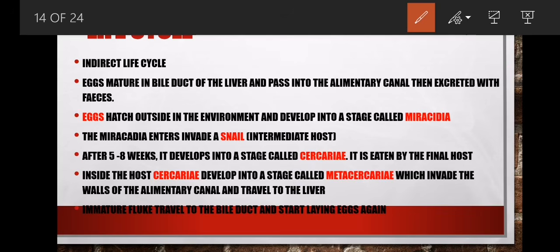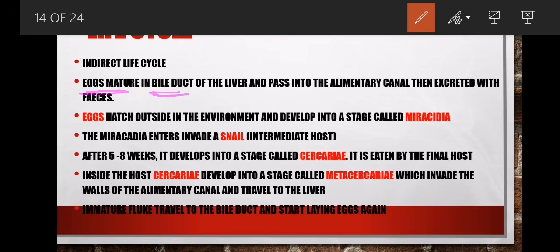What happens is that the eggs will get matured where? In the bile duct of the liver. Remember that there is a liver, then there is a bile duct closer to the liver. So there is a bile duct that begins from the gallbladder going down to the duodenum. So the eggs will get matured in the bile duct.